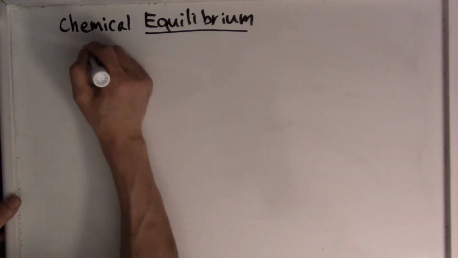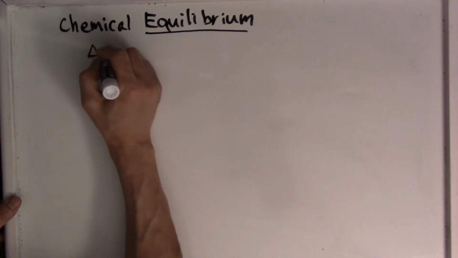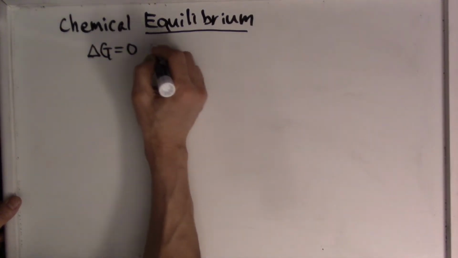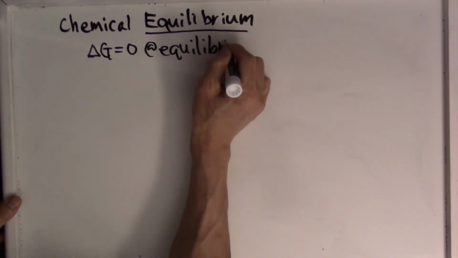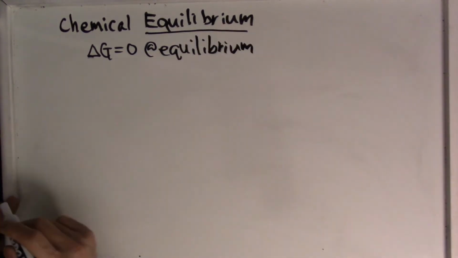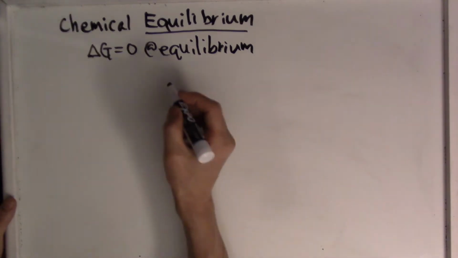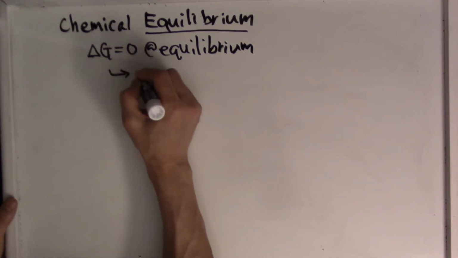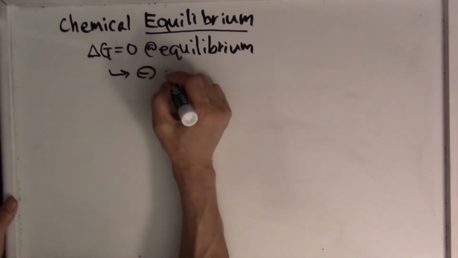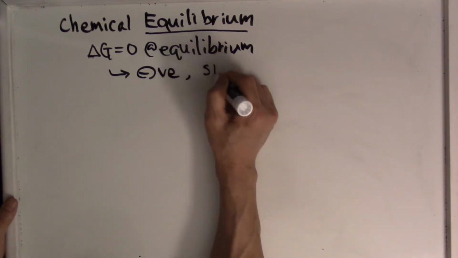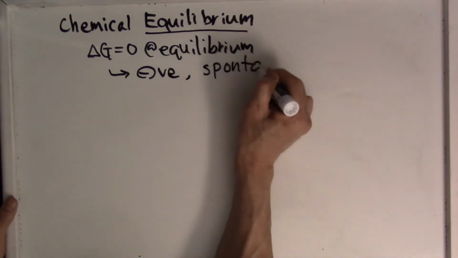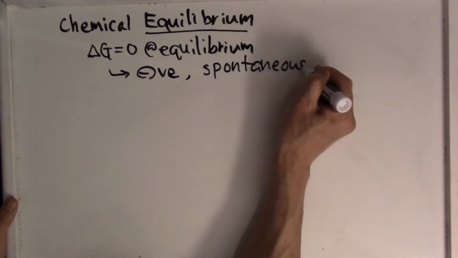So now we know that delta G is equal to 0 at equilibrium. Of course, if the delta G is negative, then the reaction happens spontaneously, right?